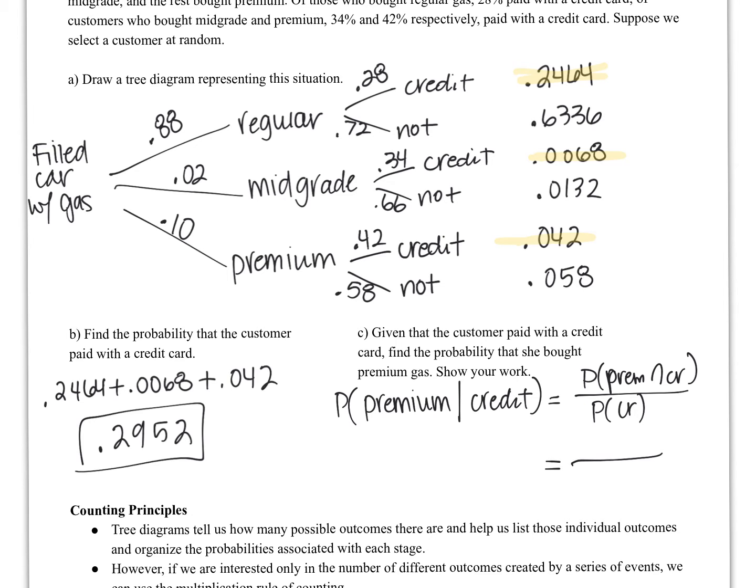So premium and credit is 0.042, and we just found the probability that you pay with a credit card, 0.2952. So we get 0.1423.